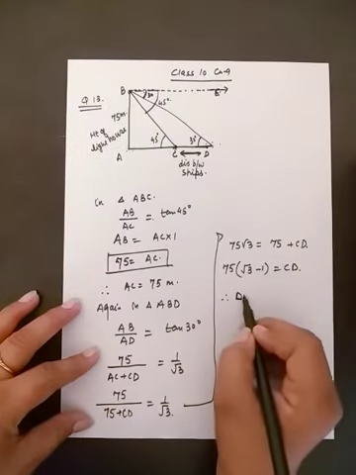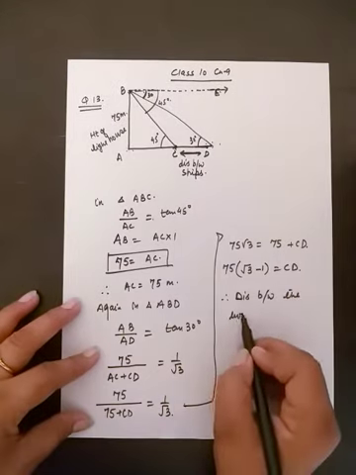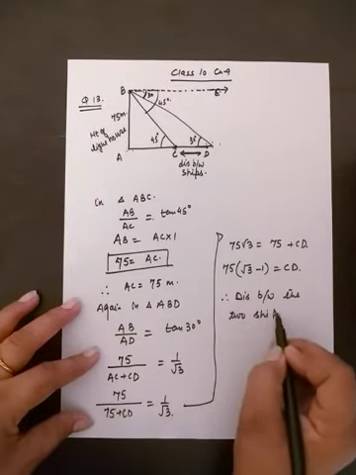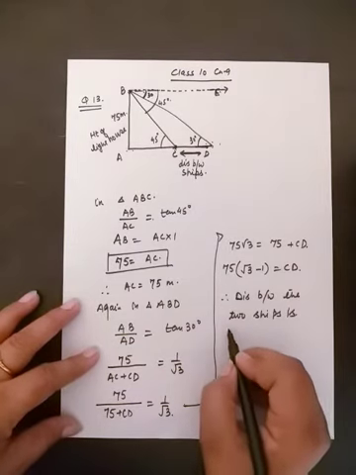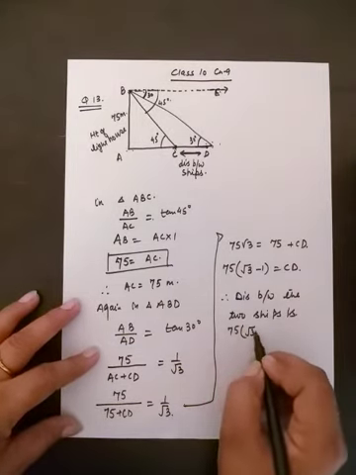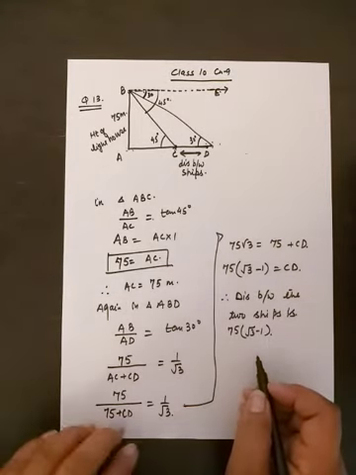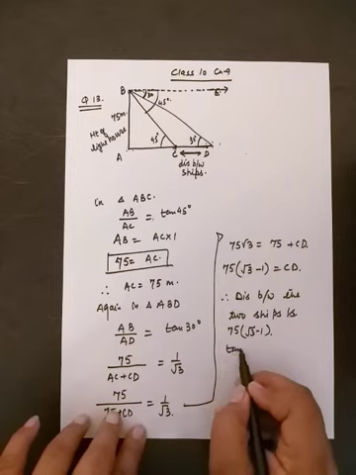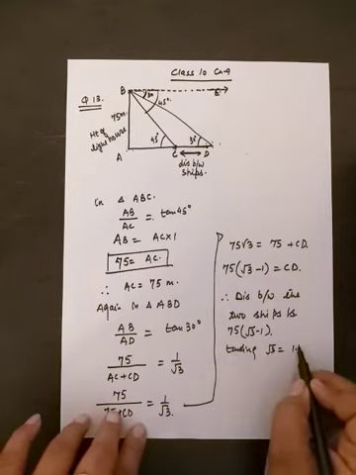So therefore distance between the two ships is 75 into root 3 minus 1. Here we can put the value of root 3 as 1.73. Root 3 is equal to 1.73.